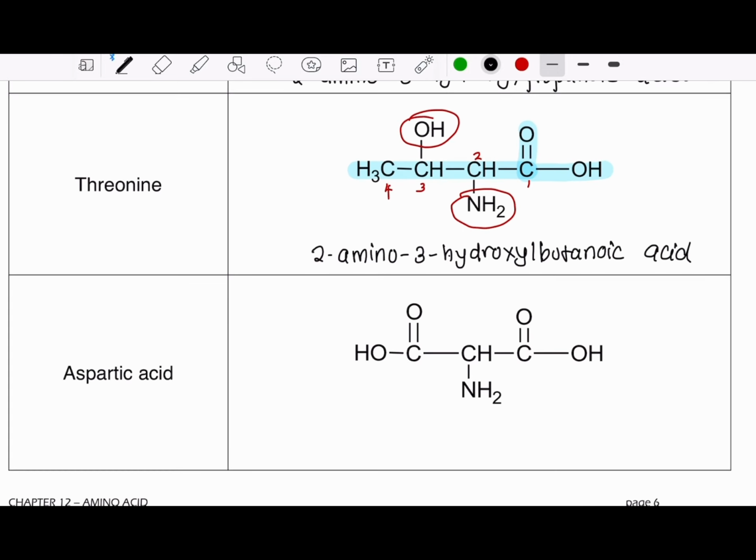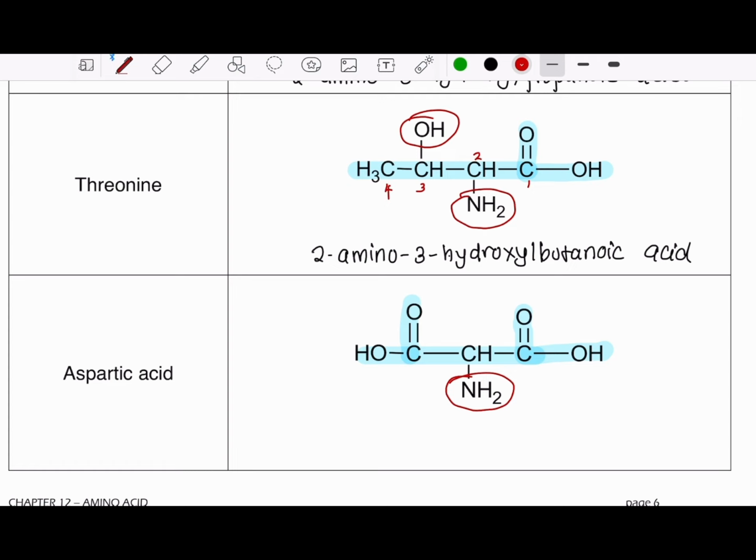Okay, and the last one is aspartic. So we have this, carbon number 1, 2. We have 2 carbonyl here. So we have 1 substituent. So what will be the name for this?